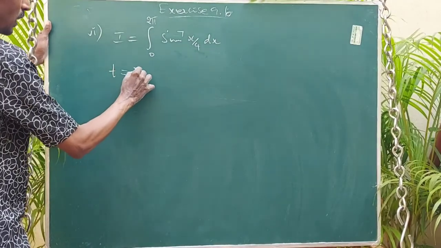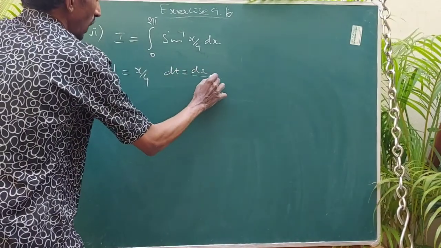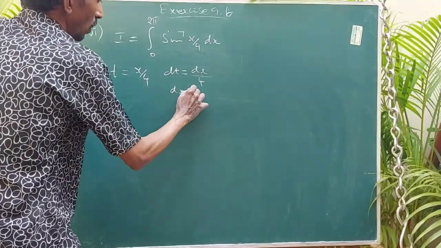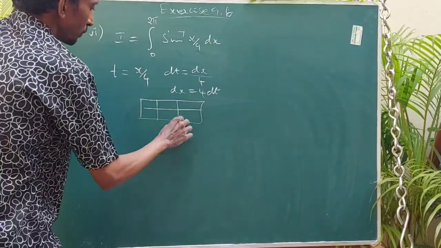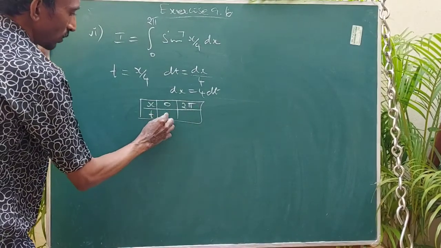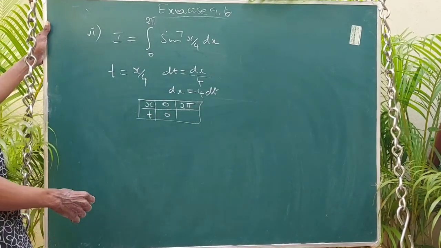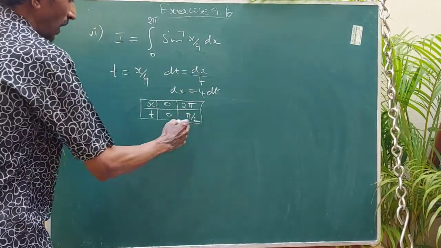Let me take t equal to x by 4, dt equal to dx by 4. So dx equal to 4 dt. Again change of limit. x varies from 0 to 180. t varies from 0 to what is that? 2 pi by 4. Again we are getting pi by 2.